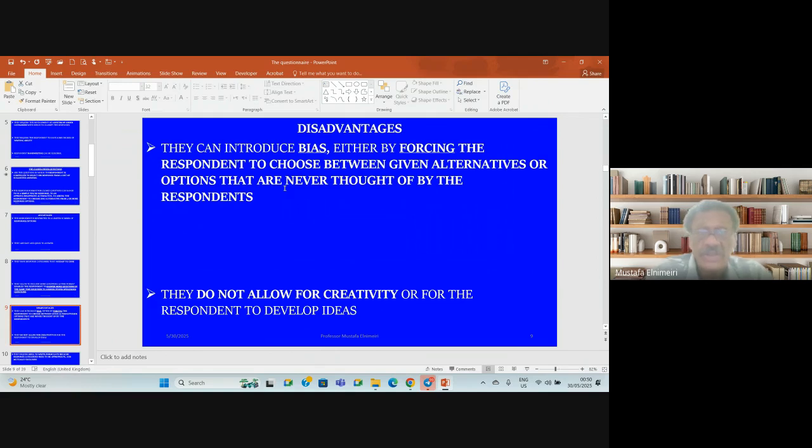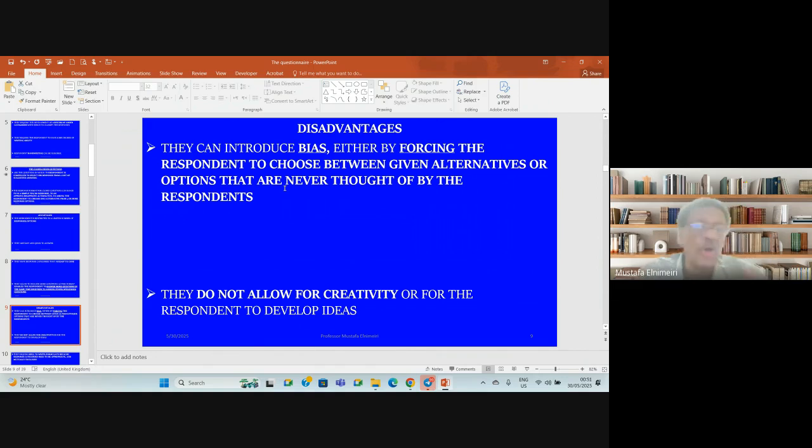The disadvantage is that they can produce some sort of bias, either by forcing the respondent to choose between options that have never been thought of by the respondents. Maybe the options suggested in the question never came to the respondents' mind.